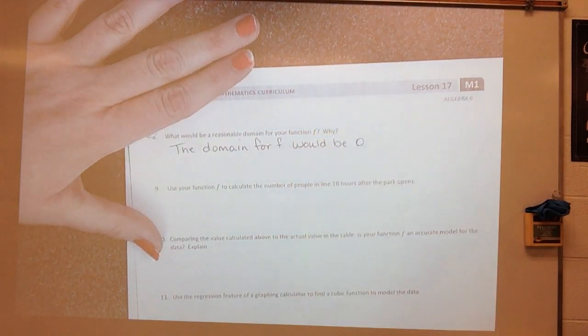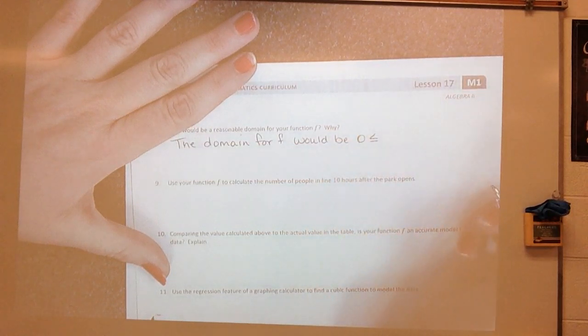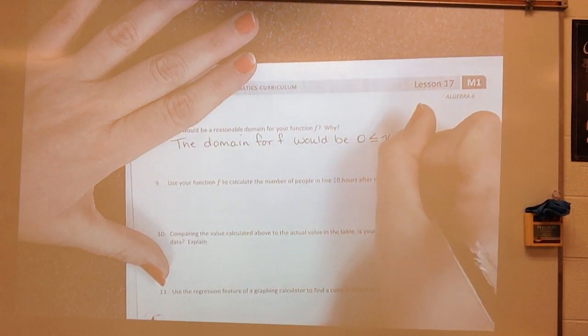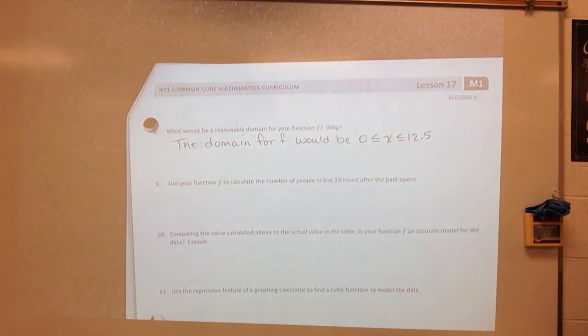We said starting at 0, so x would have to be greater than or equal to 0, but less than or equal to 12 and a half.